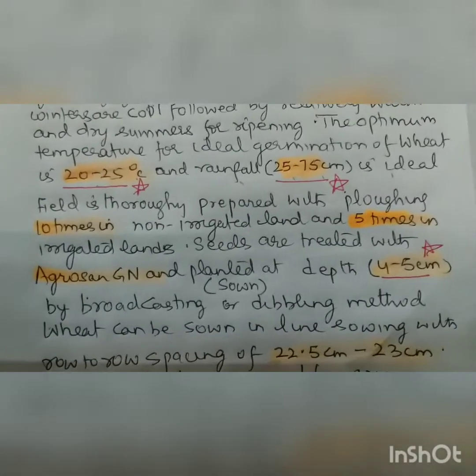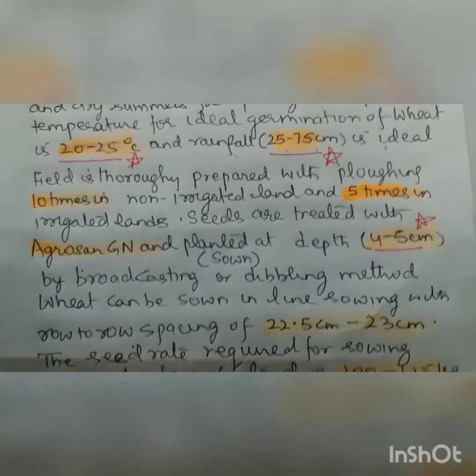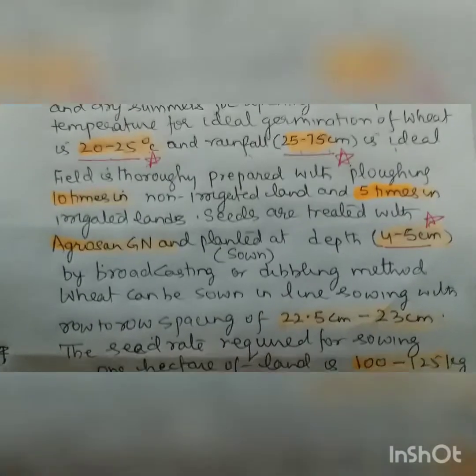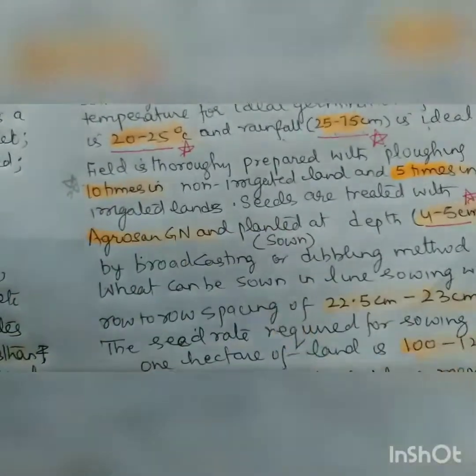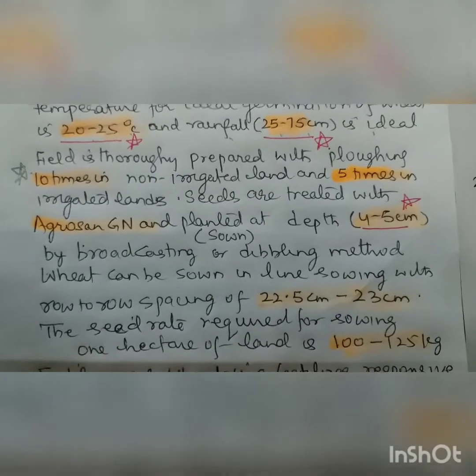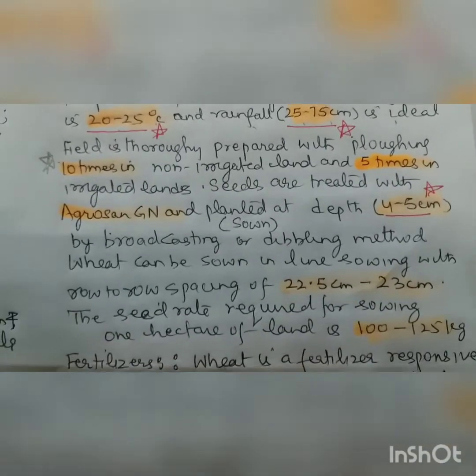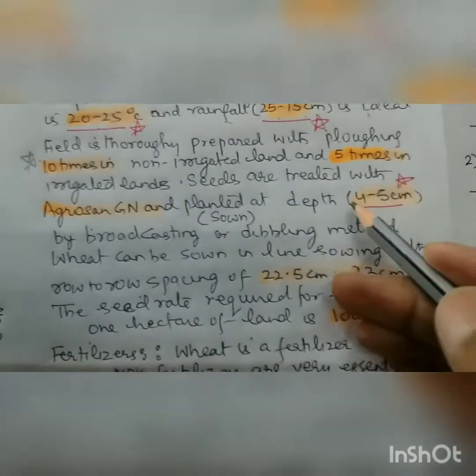So the field is thoroughly prepared with plowing, whereas in non-irrigated lands it is 10 times. See, please remember, at last I will revise. Whereas in irrigated land, it is 5 times. And seeds are treated with Agrocin GN and planted at a depth of 4-5 centimeter.